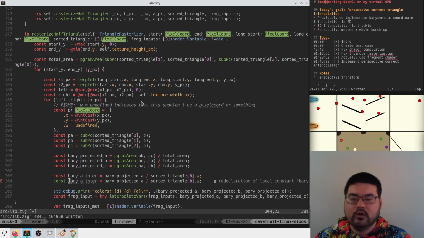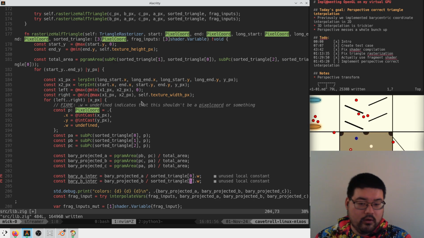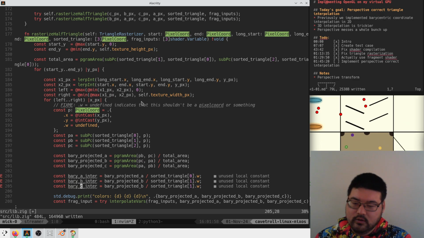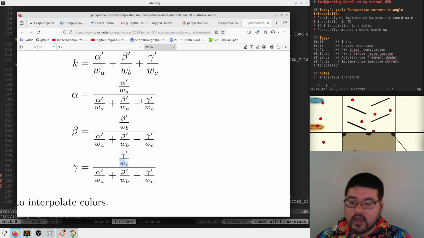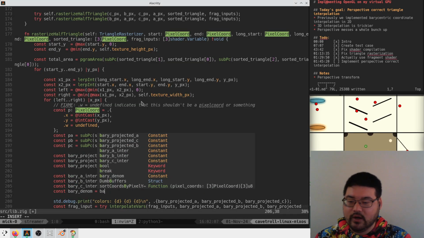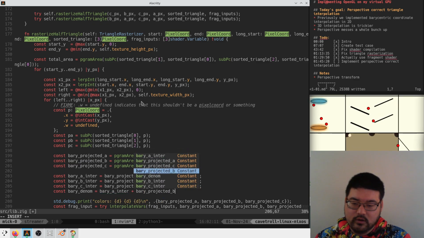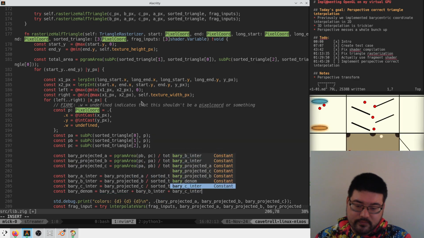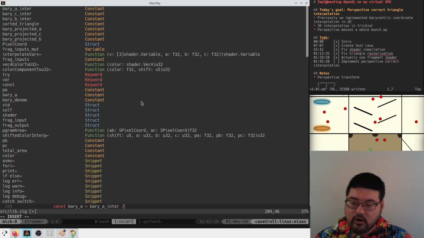Okay. So now we have A, B, and C. Now we can do Bary denominator is Bary A inter plus B inter plus C inter, right? And then we just do Bary A is the intermediate value over the denominator.